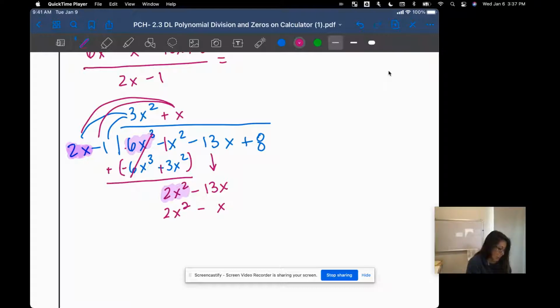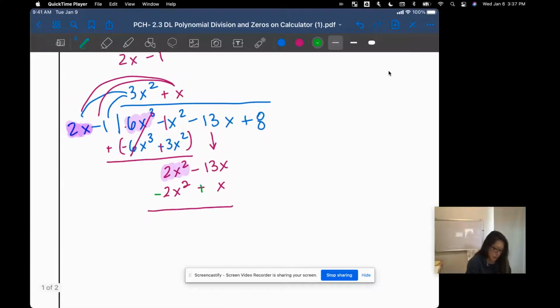And I then subtract. So all of my positives will become negative and all my negatives become positive. Okay, next up, 2x squared minus 2x squared is 0. Negative 13x plus 1x gives me negative 12x. And I bring down the 8, so the constant.